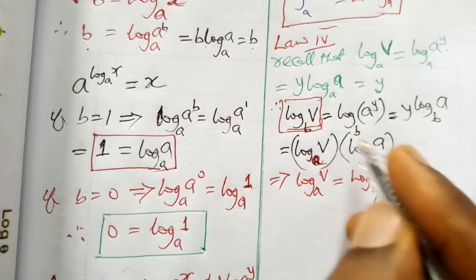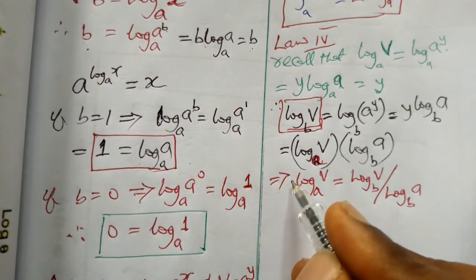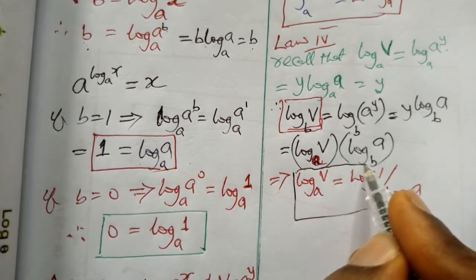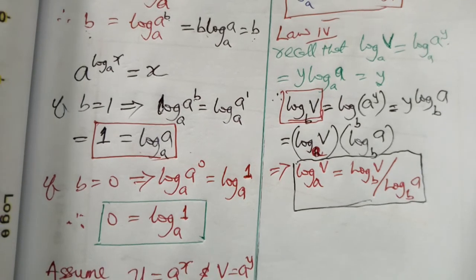That is cross multiplying. This will go and divide that. So that's an important property we have to know also. Let me put it in a square enclosure.